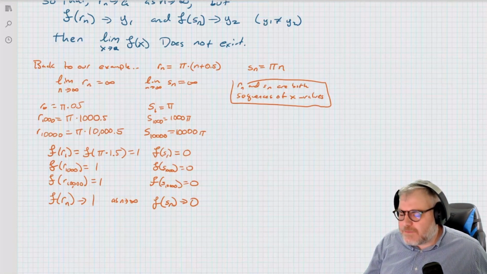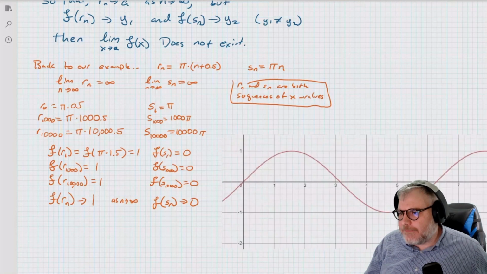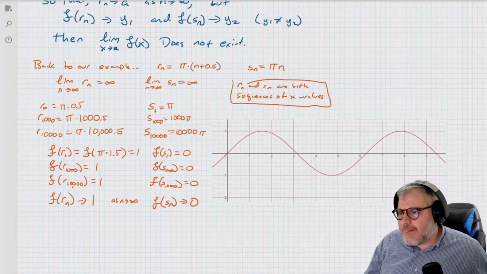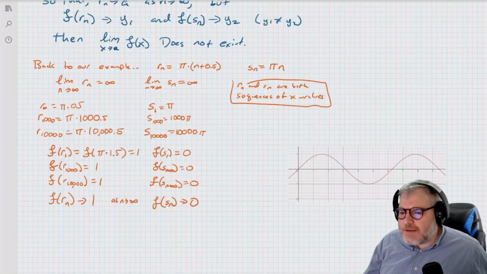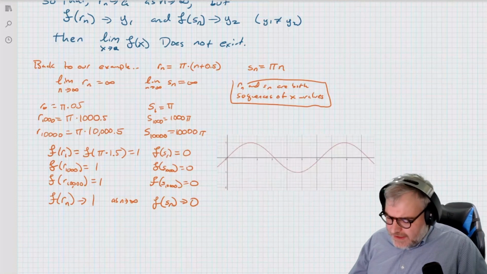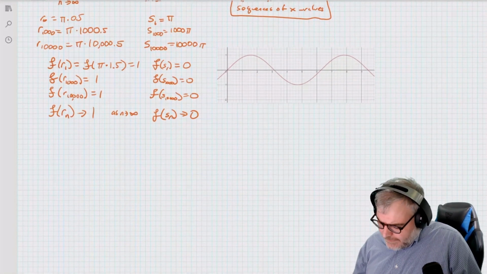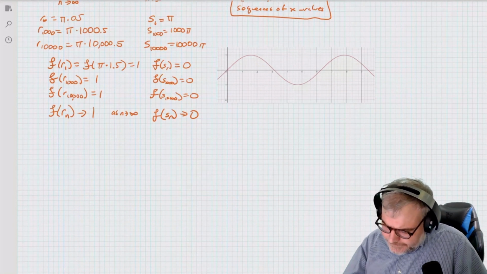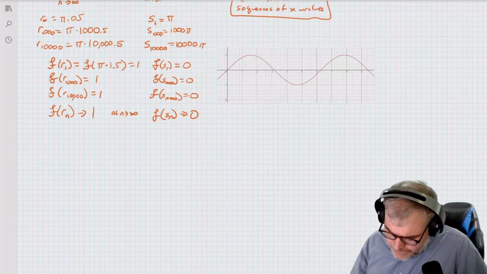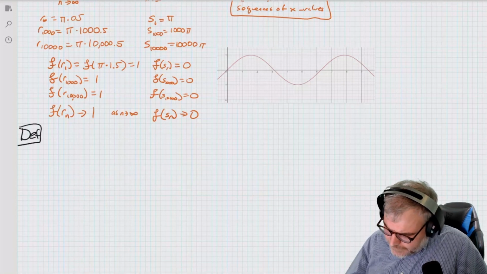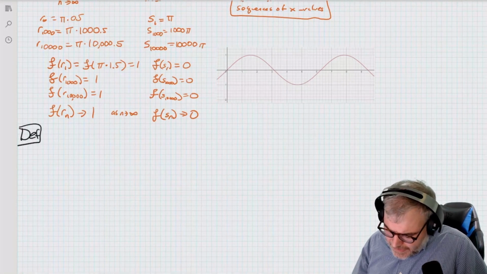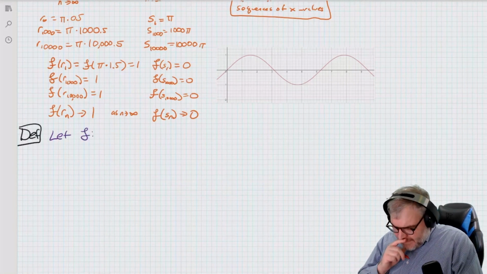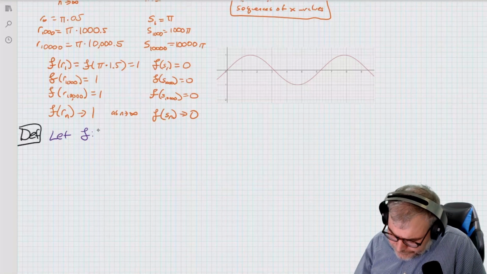So that's why you have to be very careful about this. But this also gives us another formal definition of the limit. I'm going to define the limit as follows. Definition: let f be a function from some domain.